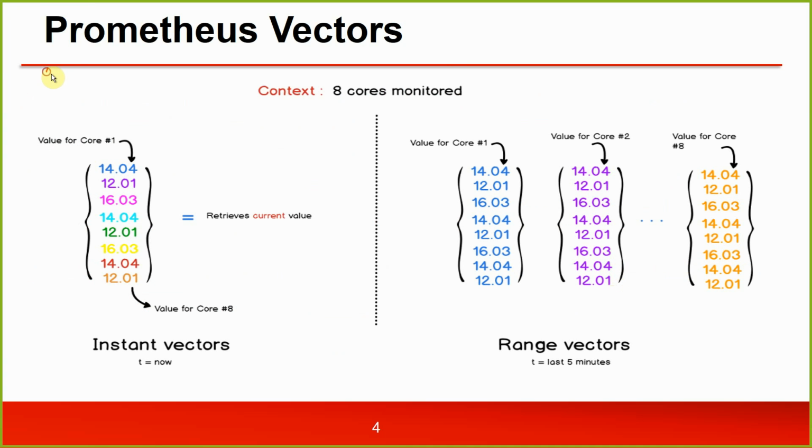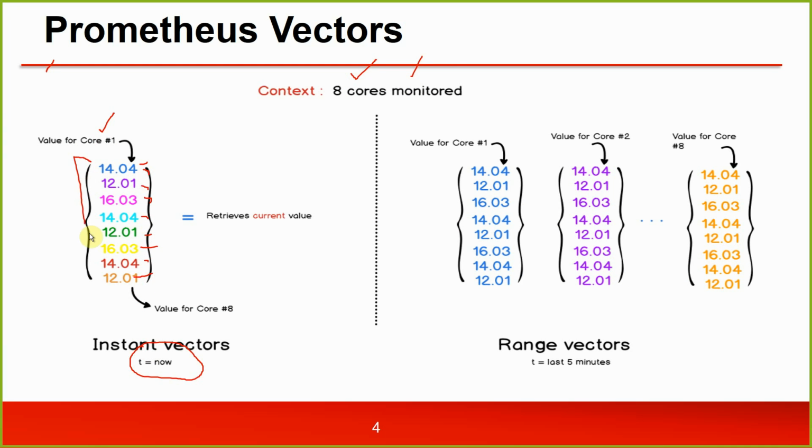Context is we have an 8 core system which is monitored. So the value of core 1 at this time, that is now, is this. Core 1 has these values. So core 1, core 2, core 3, core 4, core 5, core 6, core 7, core 8.